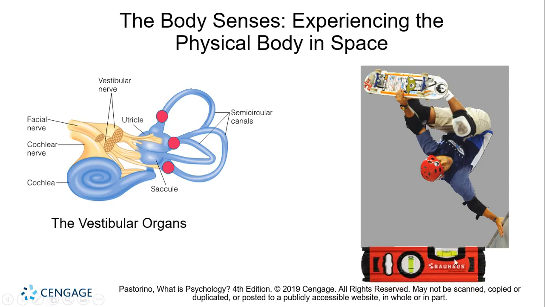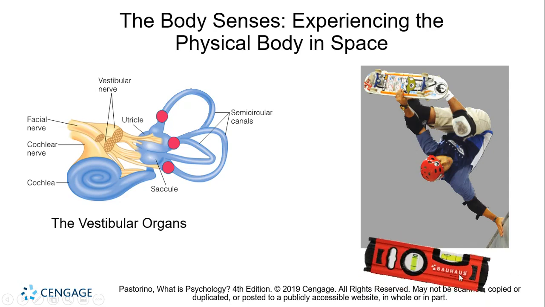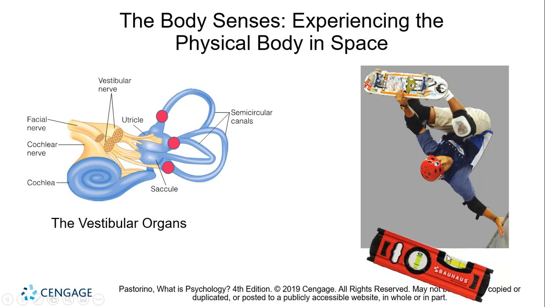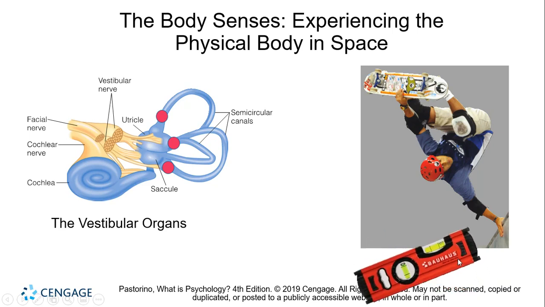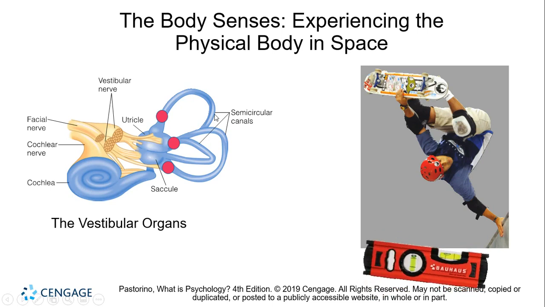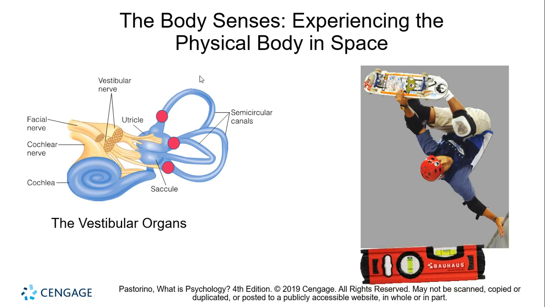Sometimes your mom or dad might be hanging a picture or doing some housework, and they use a level to see whether it's level, right? And they try to get that little bubble in the green liquid right in the middle. That means that it's perfectly level. Well, you have a set of levels inside your head, and those are your semicircular canals.